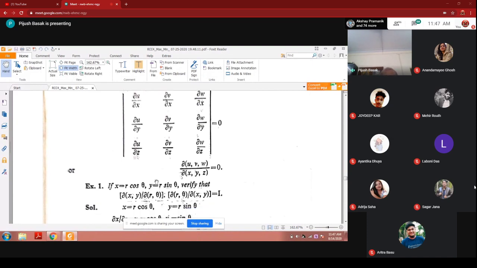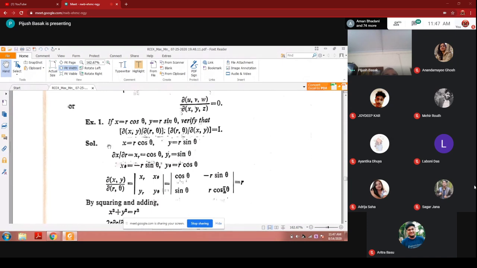If you have doubt, I'll just tell you, no problem. If x is equal to r cos theta, y is equal to r sin theta, verify that the Jacobian of x, y with respect to r, theta and the Jacobian of r, theta with respect to x, y is equal to 1. They are written in this manner. So x is equal to r cos theta, so x r is cos theta, the partial derivative of x with respect to r, and y r is sin theta.